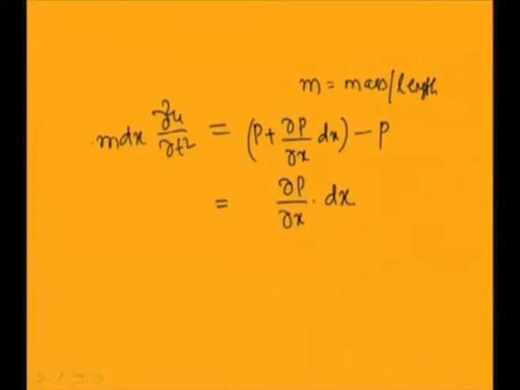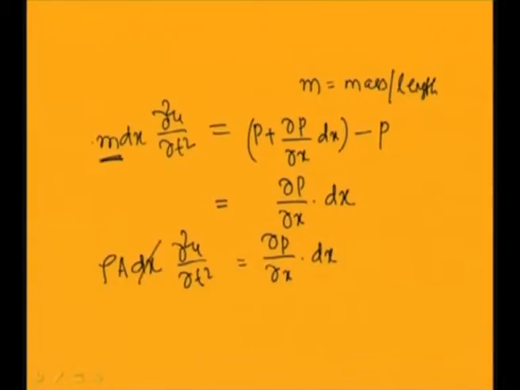So I can write this equation in this form. The mass of this element will be equal to rho into A into dx, where rho is the density. So rho A dx into del square u by del t square equals del P by del x into dx.